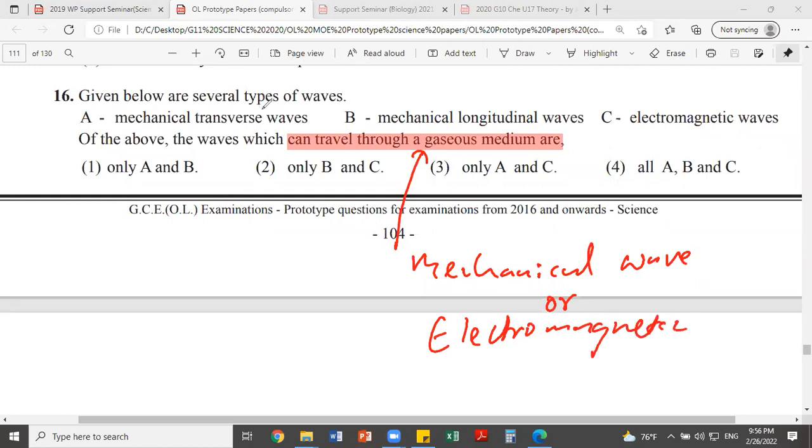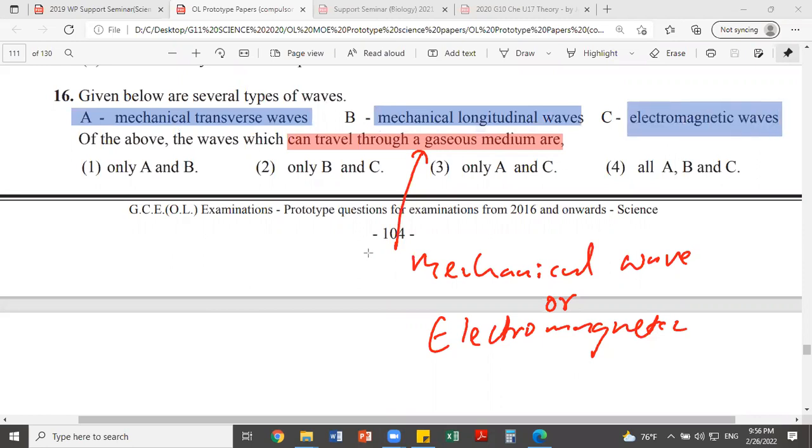Mechanical transverse, mechanical longitudinal and electromagnetic waves are the ones that can travel through a gaseous medium.